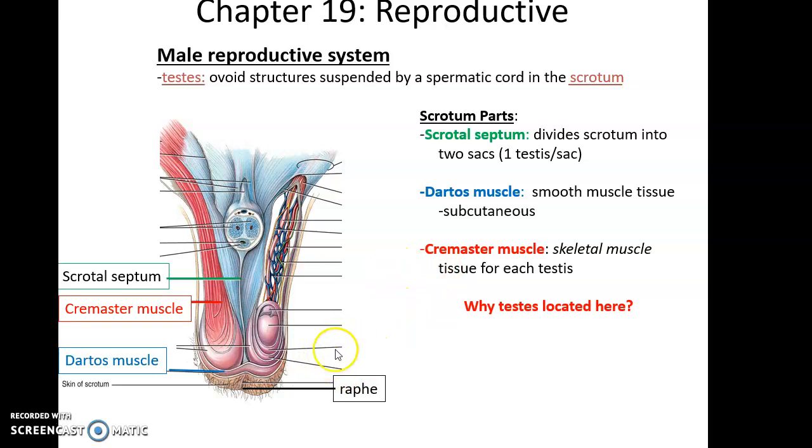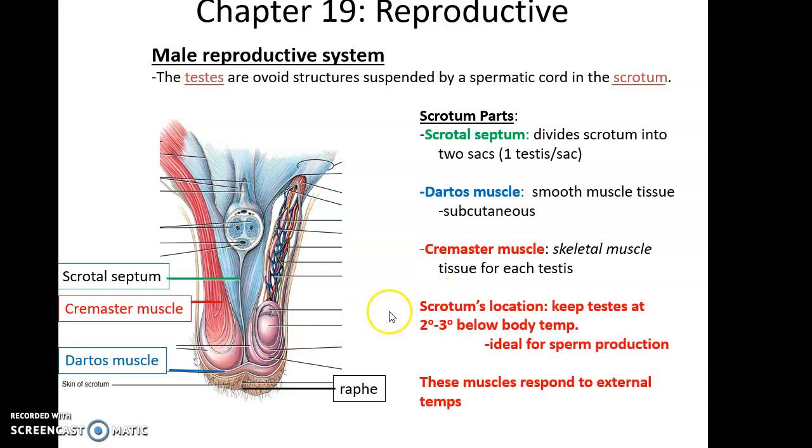There are also muscles, as I mentioned: the dartos muscle, which is a smooth muscle tissue directly underneath the skin, and then the cremaster muscle, which is a skeletal muscle that is a part of the spermatic cord. And these muscles have an important job. They help regulate the distance of the testes from the trunk of the body.